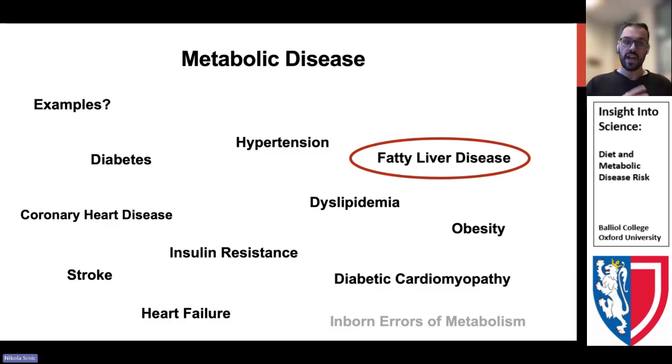Although there are still changes in the person's metabolism, these medical conditions tend to present later on in life, usually after the age of 40. They tend to affect a different group of organs. And if there is a genetic cause, it isn't as much of a single gene, more a group of genes or a group of genetic polymorphisms that all together increase someone's risk of developing the conditions.